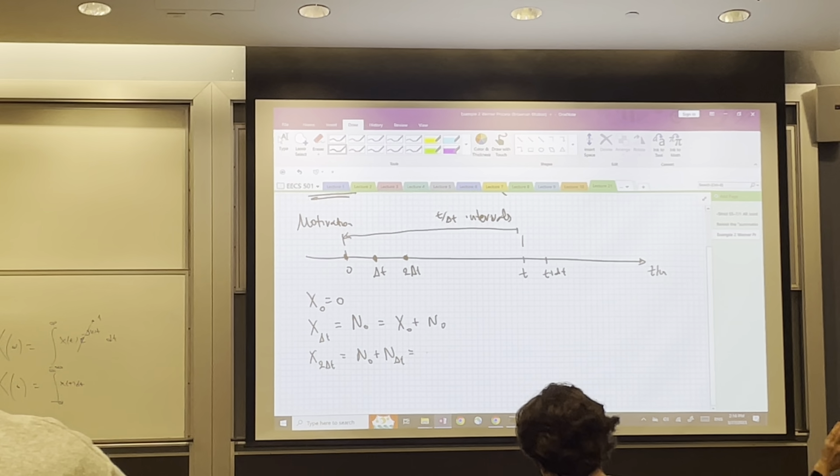But now comes another observation. Tell me, what was the observation that you made? That only the most recent one matters. That somehow xtn can be thought of as the previous random variable plus an increment. Anything that happens before that and that increment are independent.